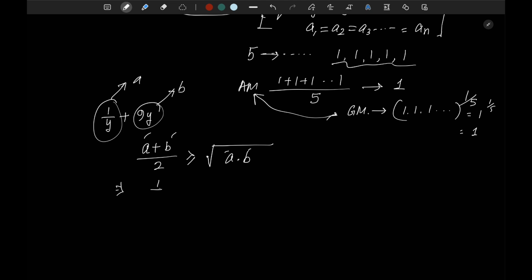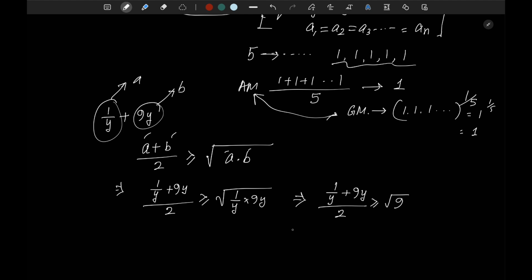Okay, so it will be (1 by y plus 9y) divided by 2 is greater than or equal to root of a into b, where a is 1 by y and b is 9y. This will be (1 by y plus 9y) by 2 greater than or equal to root 9, or 1 by y plus 9y greater than or equal to 2 into root 9, which is 3. So this is nothing but 6.